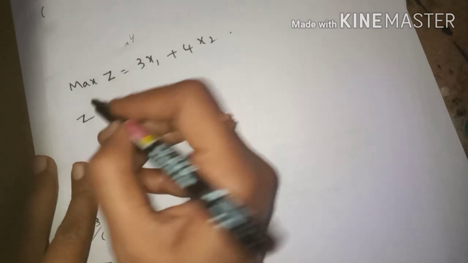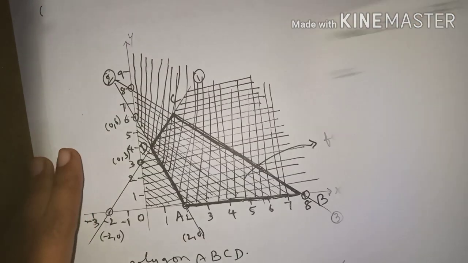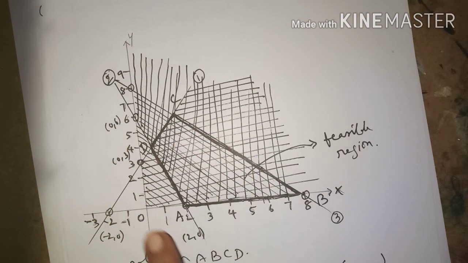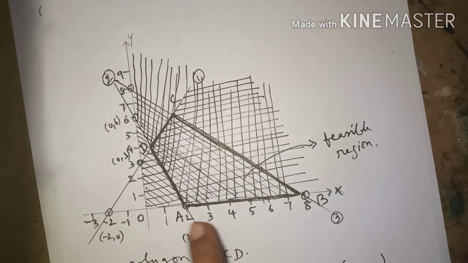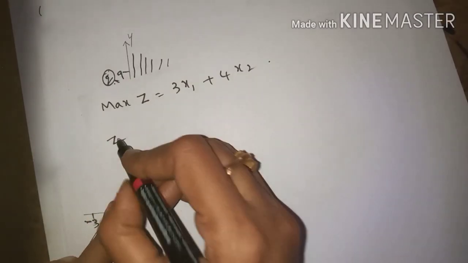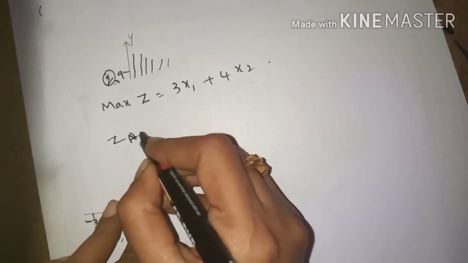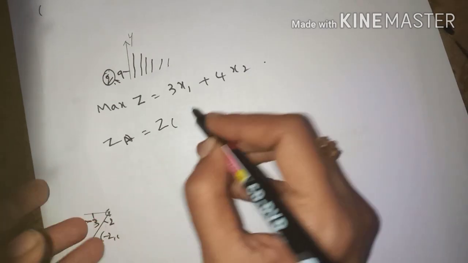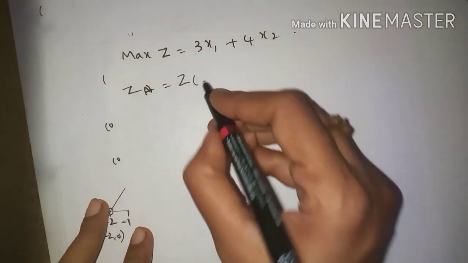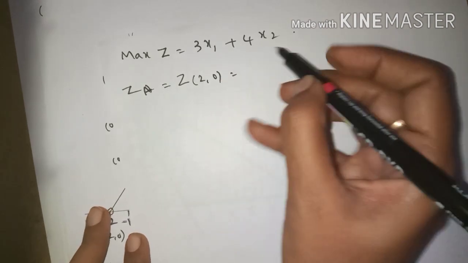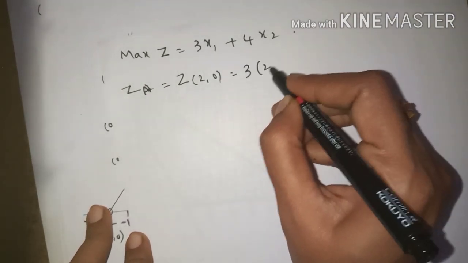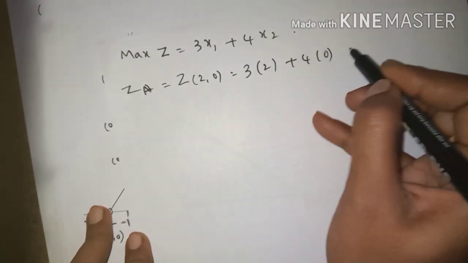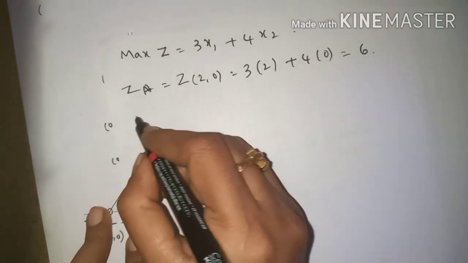Now our polygon is A, B, C, D. Therefore ZA, Z at A point (2, 0), that means 3 into 2 plus 4 into 0, that is equal to 6.